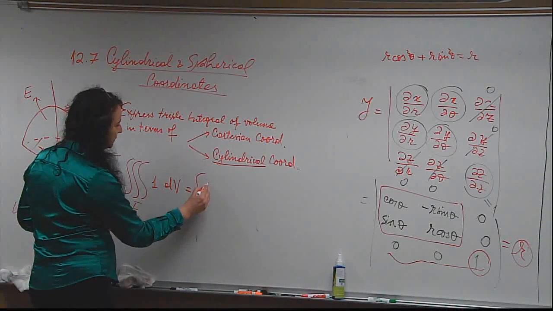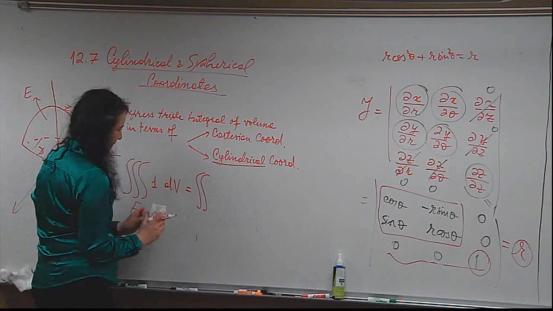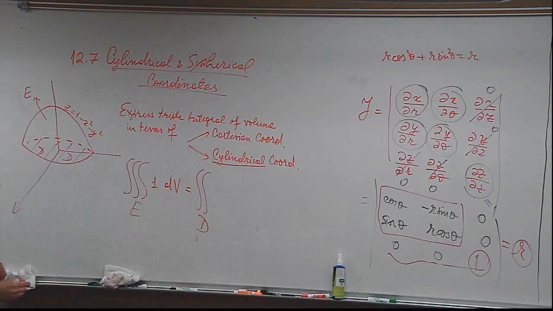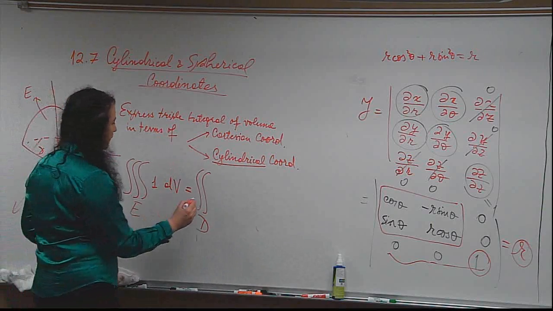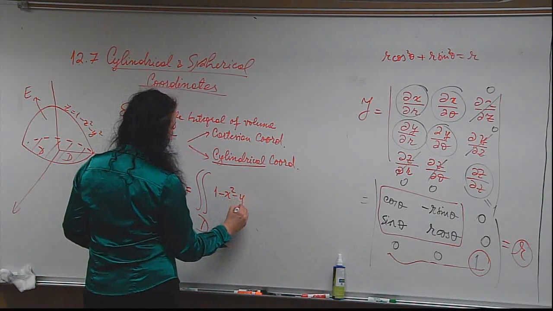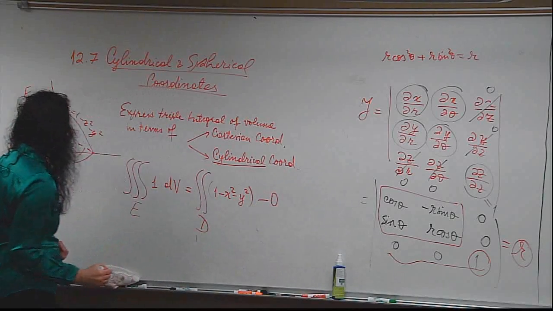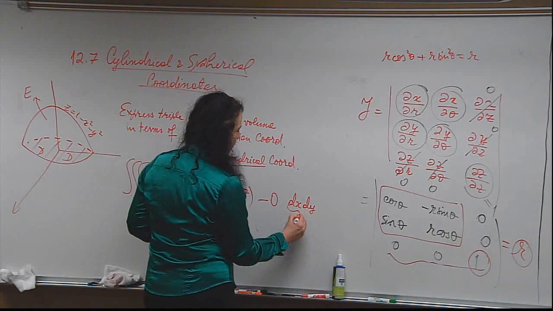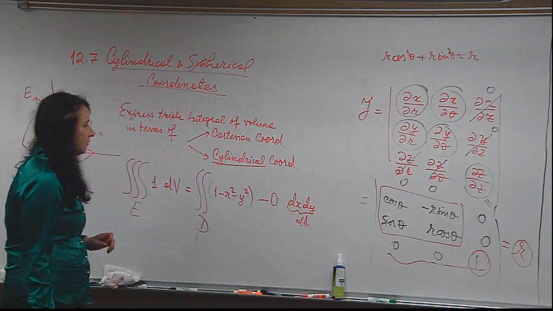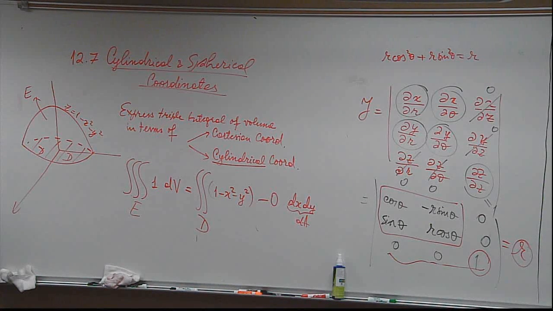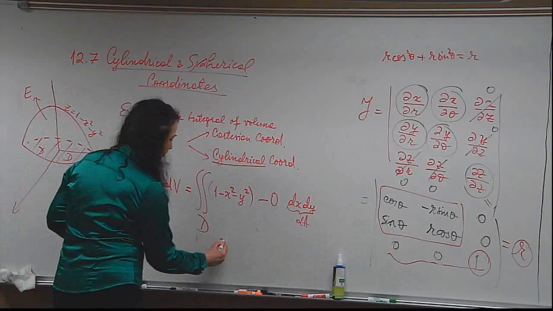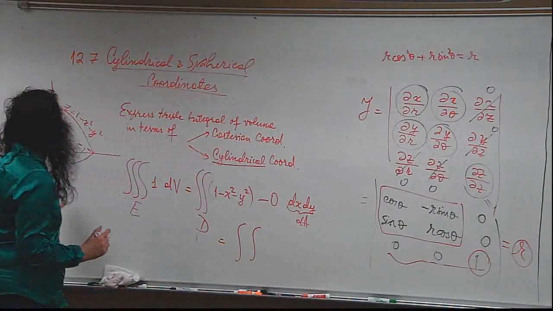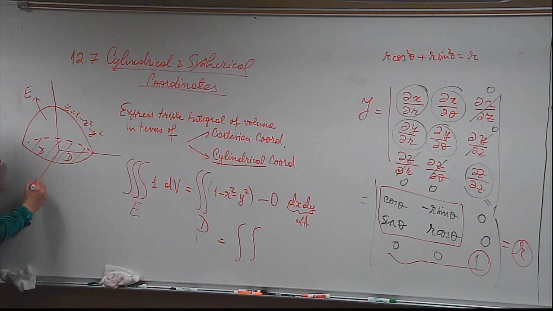I can write it as a double integral over D, is that clear, of the z function on top, 1 minus x squared minus y squared, minus the function below, which is 0, which is going to tell me dx dy, which is also denoted dA. If you're going to do this in Cartesian coordinates, well, good luck to you, because you're going to have something like that. Mr. X says, I want to go between minus 1 and 1.